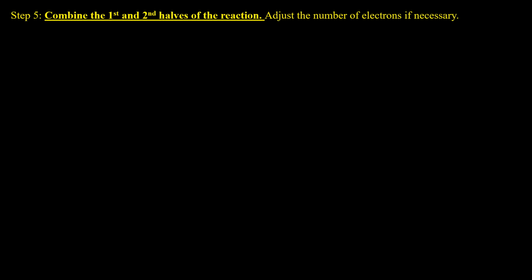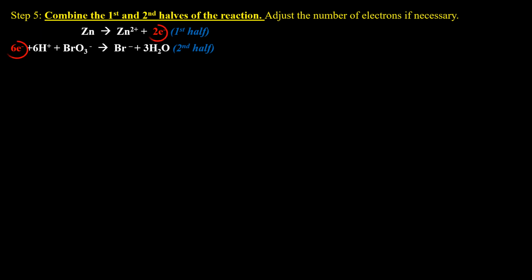Step 5 is to now combine first and second halves of the reaction. We need to adjust the number of electrons if necessary. Okay, so the first half a while ago was this one, and the second half, the one that we have computed on step 4, is this one. So notice that the electrons are not yet the same. So we need to get the least common multiple, which is 6.